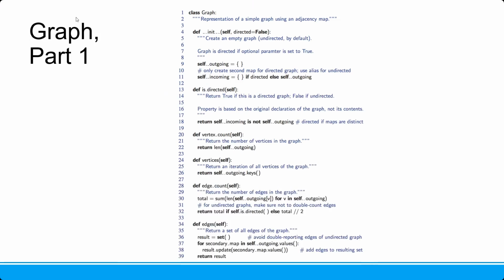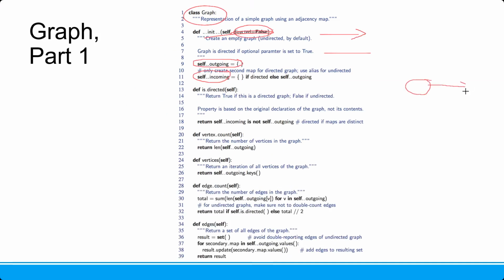And you can have a class graph. The class graph means I want to create a graph and specify whether it is directed or not. A directed graph means the graph has direction. If directed equals false, then we have no direction. Then we need to set outgoing and incoming.